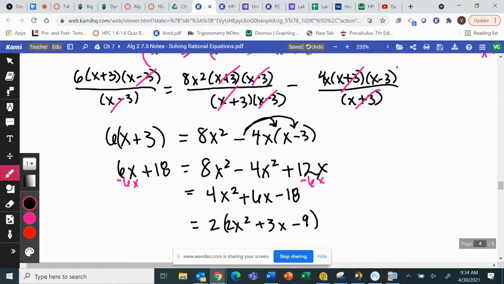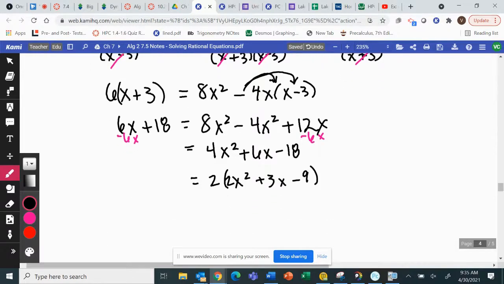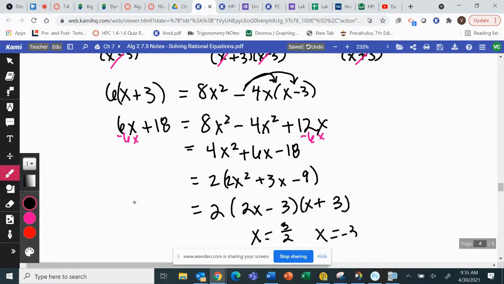I'm going to finish this problem just so you guys know. So I solved it and I got 3/2 and -3 for my 2 answers.